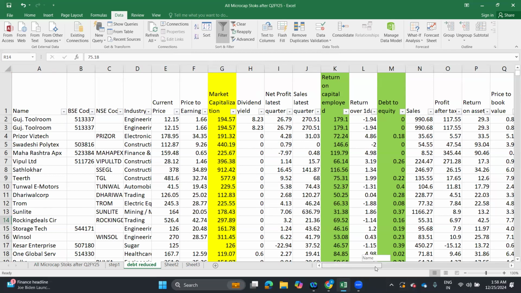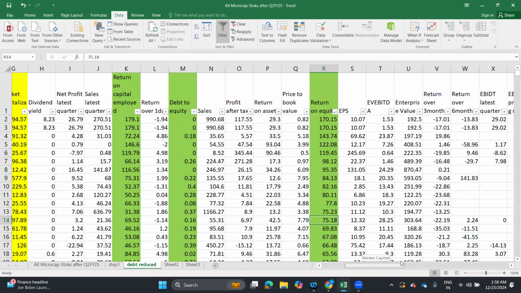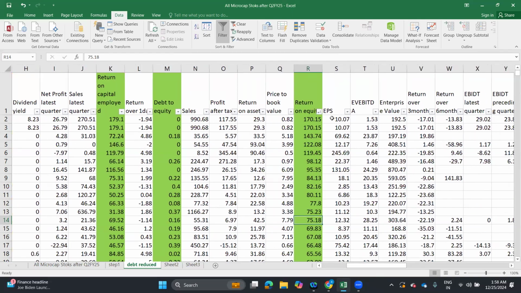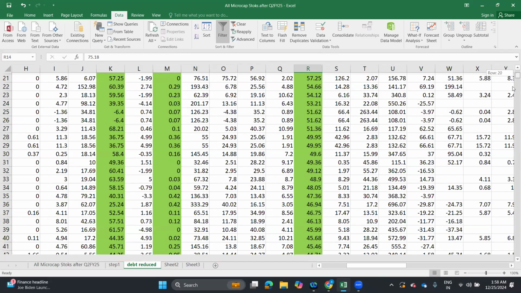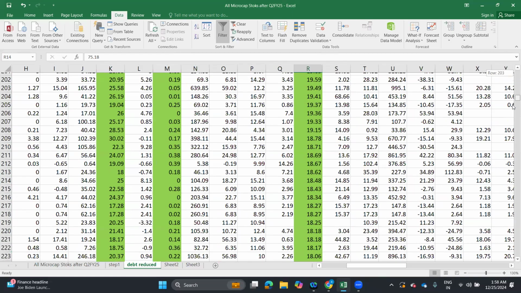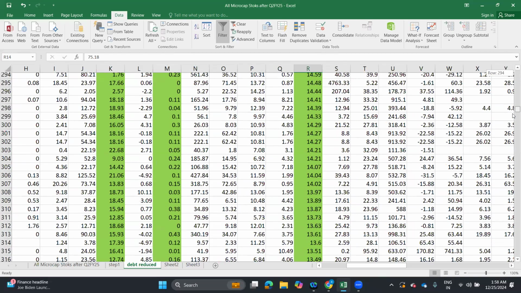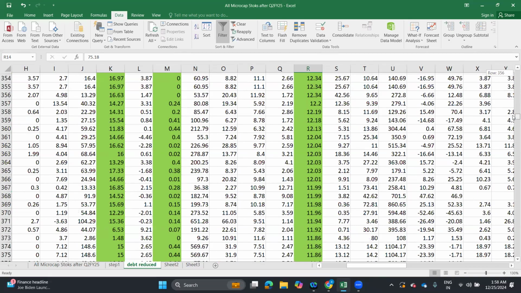So now what I'm trying to do, I'm trying to consider those companies who have reasonably high ROE. ROE more than 15%, right?